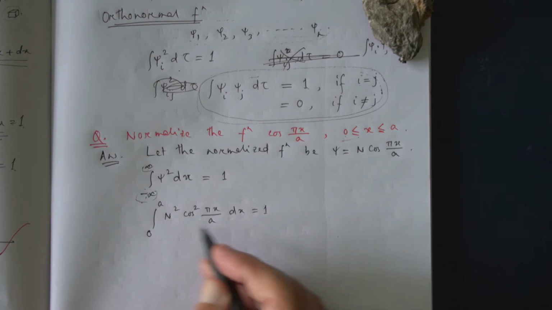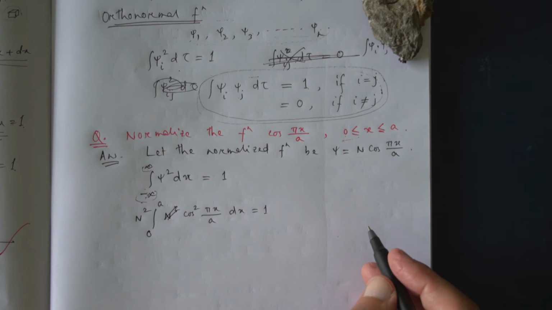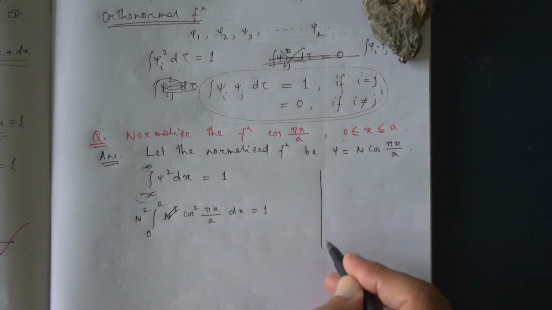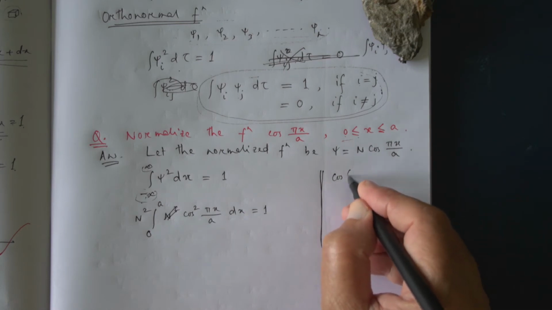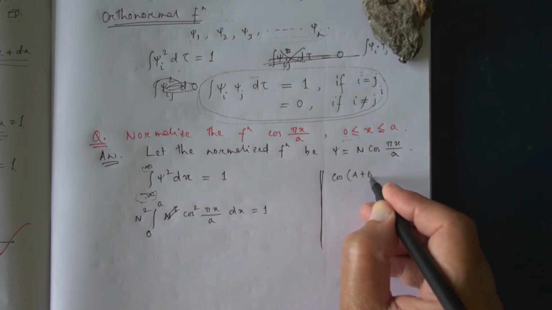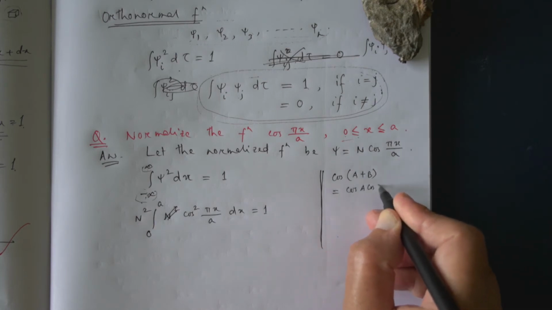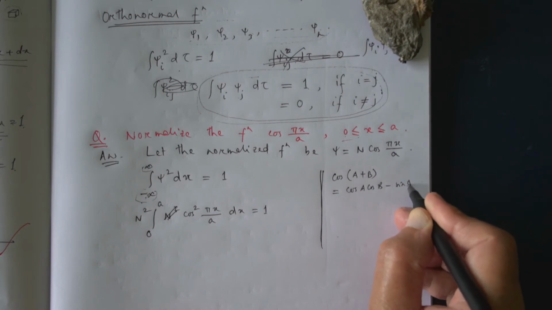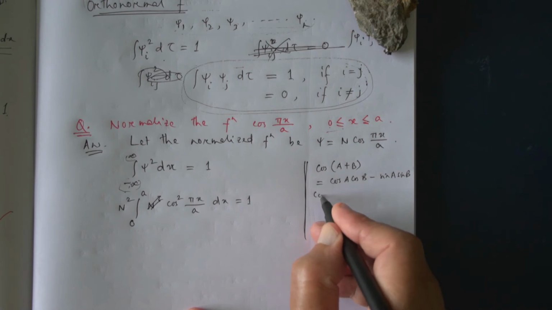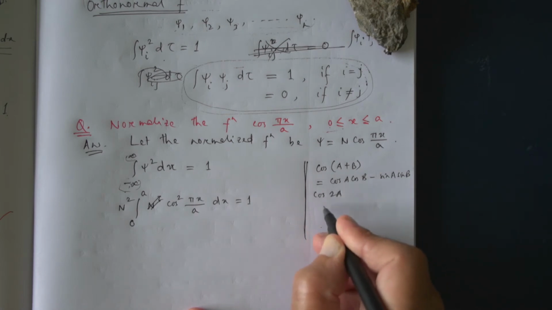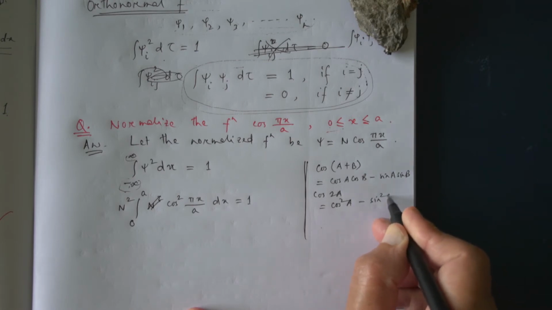So I can take n square out. Now you see, cos of a plus b equals cos a cos b minus sin a sin b, or cos 2a is equal to cos square a minus sin square a.